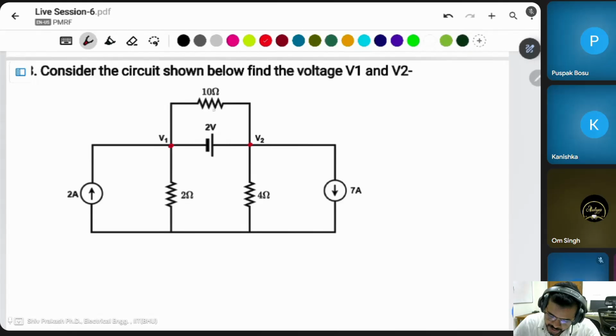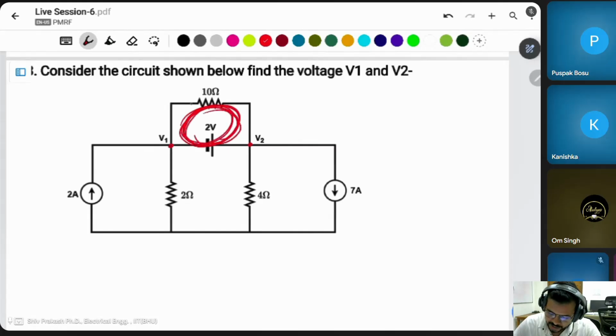In this case, there is a resistor connected across to this voltage. Don't worry about this resistor, because if you write the equation, this current is flowing in the loop like that.